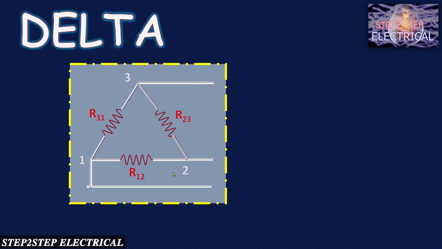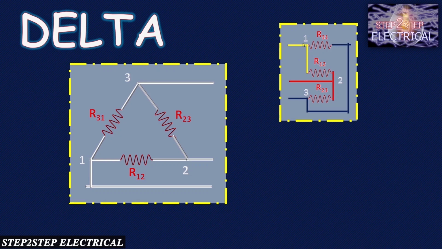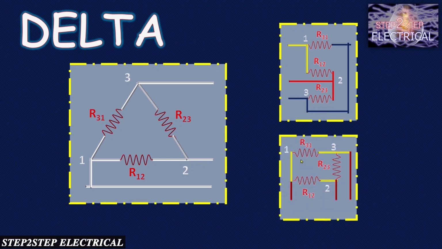Some other examples of delta are, here R12 is connected between terminals 1 and 2, R23 is connected between terminals 2 and 3, and R31 is connected between terminals 3 and 1. So again this one is in delta fashion. And the last one, here R12 is connected between terminals 1 and 2, R23 between terminals 2 and 3, and R31 between terminals 3 and 1.